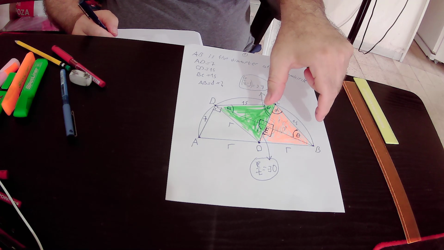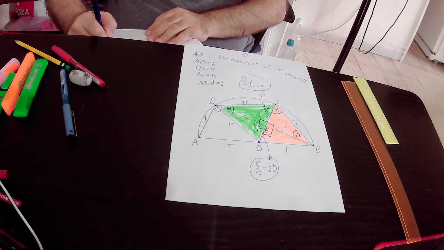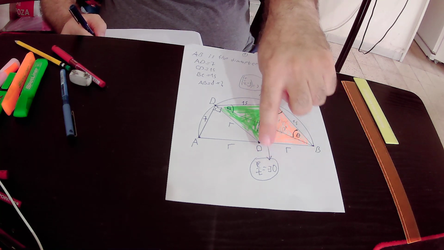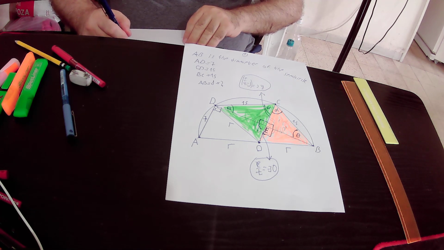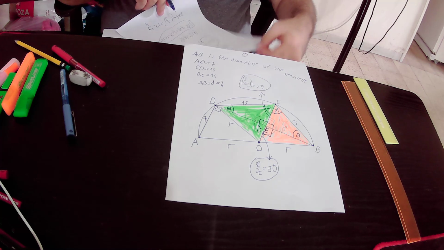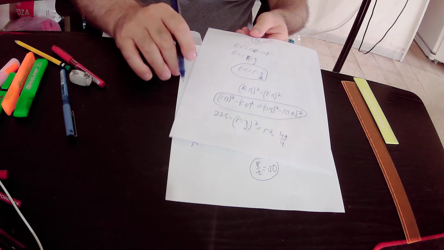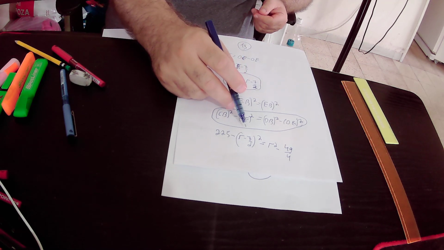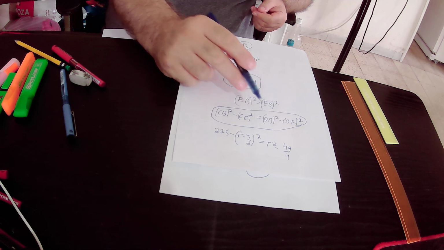OB equals R, so OB square is R square, minus OE square. OE equals 7 over 2 units, so OE square will be equal to 49 over 4. So in total we got that 225 minus (R minus 7 over 2) squared equals R square minus 49 over 4.